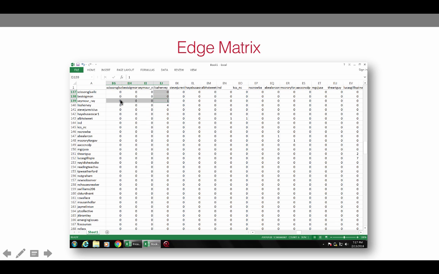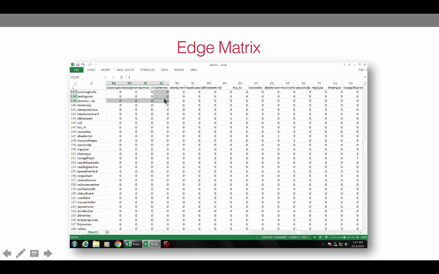Something else you can see here is that the relationships are represented in this matrix right here. Seymour Ray has a relationship with Lisa Hervey, who actually works at the Friday Institute and is a colleague of mine. In this case, these relationships are weighted, and the weight is the number of mentions or replies from Seymour Ray to Lisa Hervey.